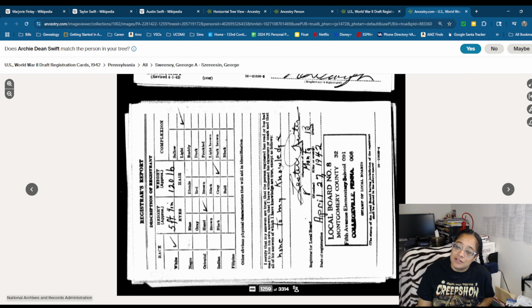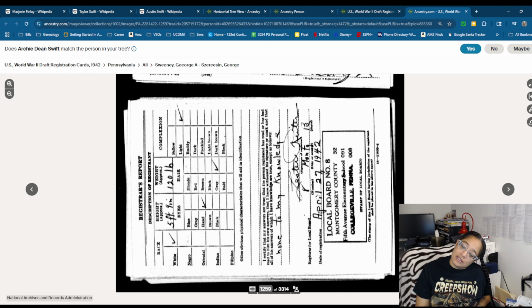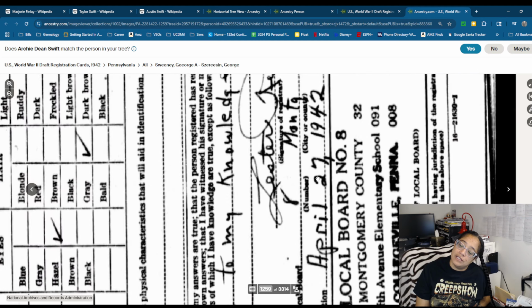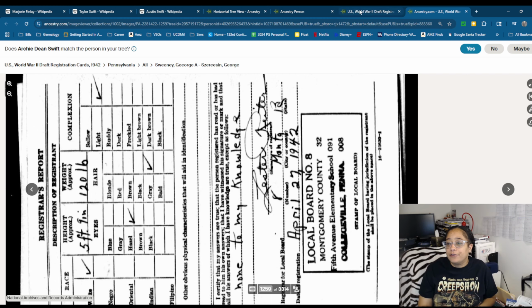And then does he have scars or tattoos, and all this other stuff is usually down here. And then he says he has no other exceptions to the information he gave, none to my knowledge. And then this is going to be important in a second here. That's April 27th, 1942.